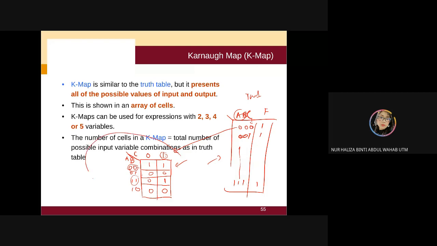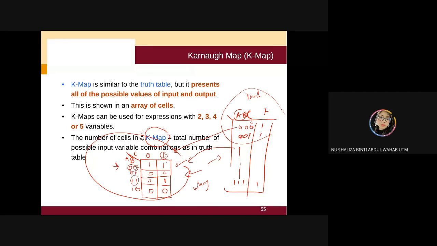So this is only an example of the view for your KMAP. From your normal truth table, you put it here. Why? Because you need this KMAP later to come out with the simplified version of the Boolean expression.